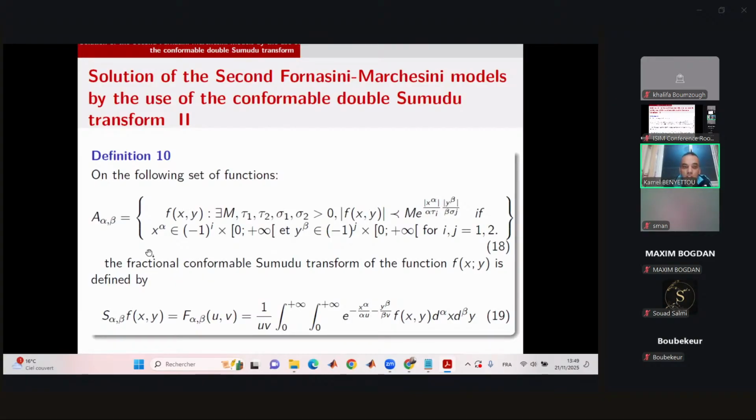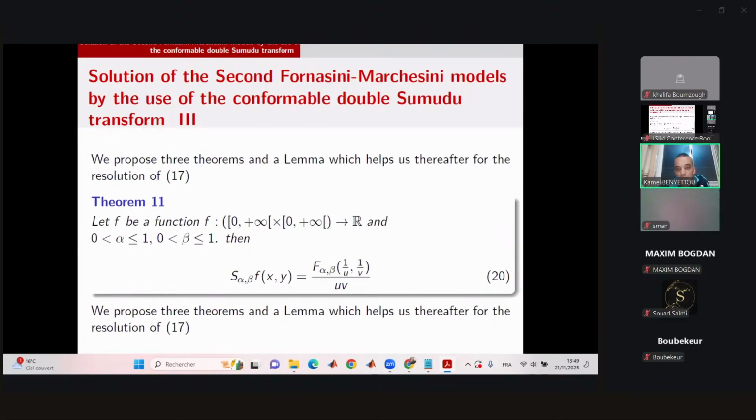This new set of functions ensures the existence and convergence of the Sumudu transform and helps us calculate this transform for the state space matrix. This conformable Sumudu transform is given by the following equation. Note that there is a duality relationship between the Sumudu transform and the Laplace transform.